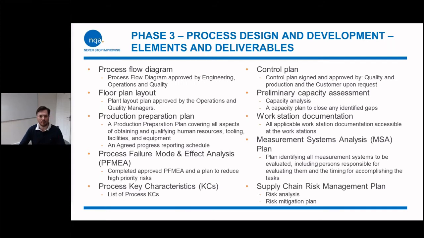So it will make your production planning a lot easier if you are aware of any key characteristics. If there aren't, then great, but if there are, you've possibly got to put in some additional controls, additional inspection, possibly additional records.